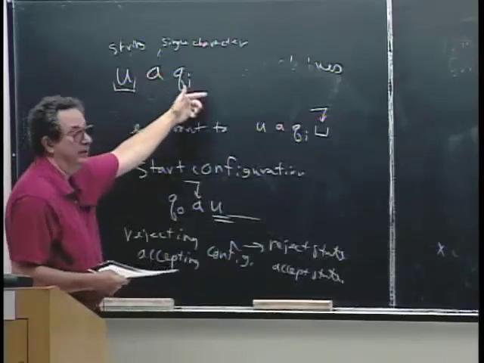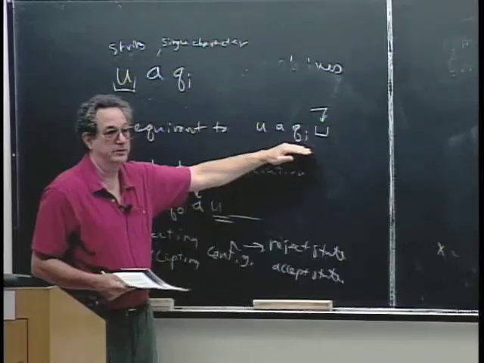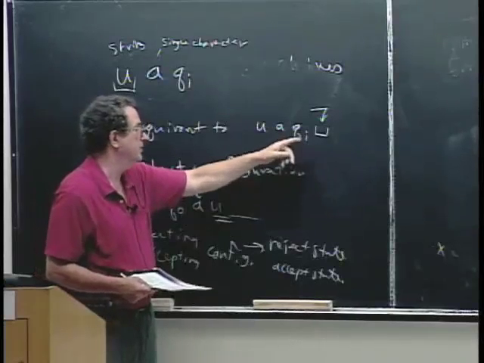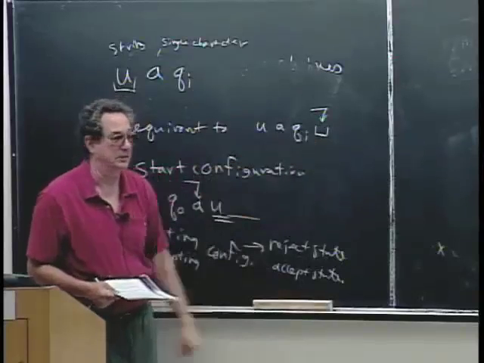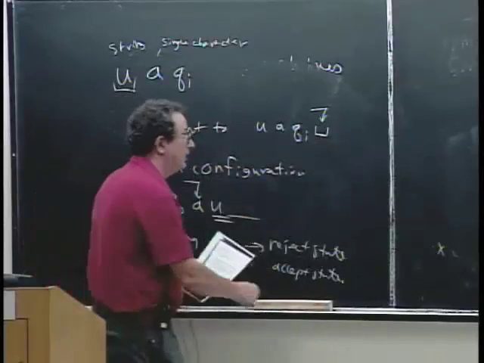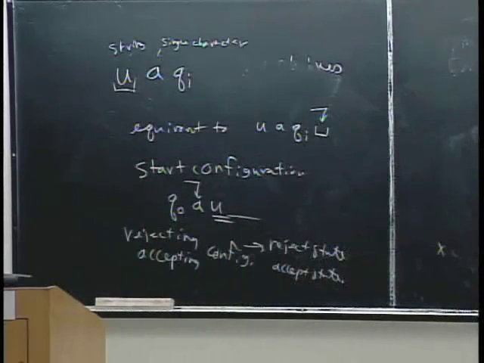But if it's at the right end, then that's equivalent to this kind of configuration. And so this looks more normal in the sense that there's something here to the right of where the state is, and that's all I was pointing out. Okay, thanks.